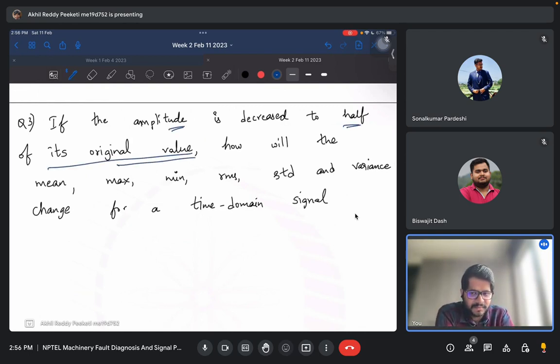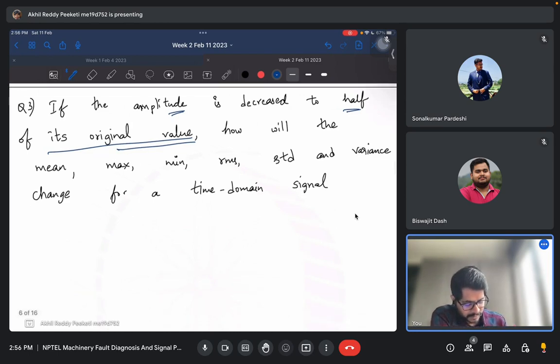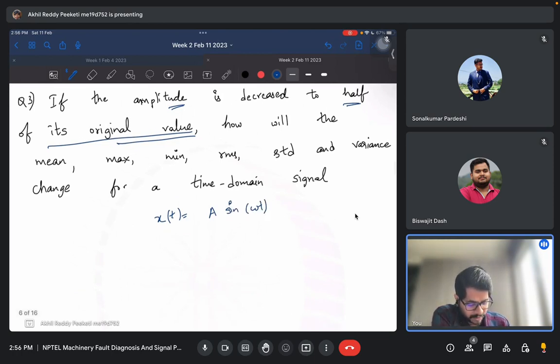Let's say our signal is A sin omega t, then if they reduce the amplitude to half, this would be your new wave, with amplitude A by 2.